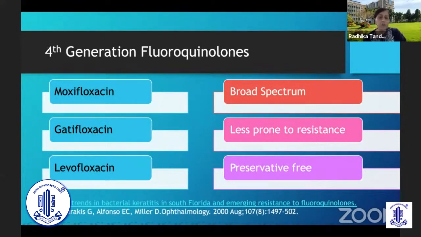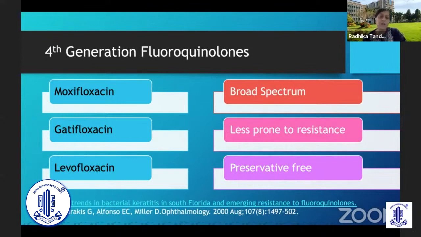So largely, fourth-generation fluoroquinolones were certainly a great improvement in the nature of agents that we had. We knew that they had broad spectrum against largely both gram-positive and gram-negative organisms. And when they first came, there was the very exciting idea that here we have an agent which is less prone to resistance. Of course, time has shown that this is not entirely true, and there is an emerging resistance.